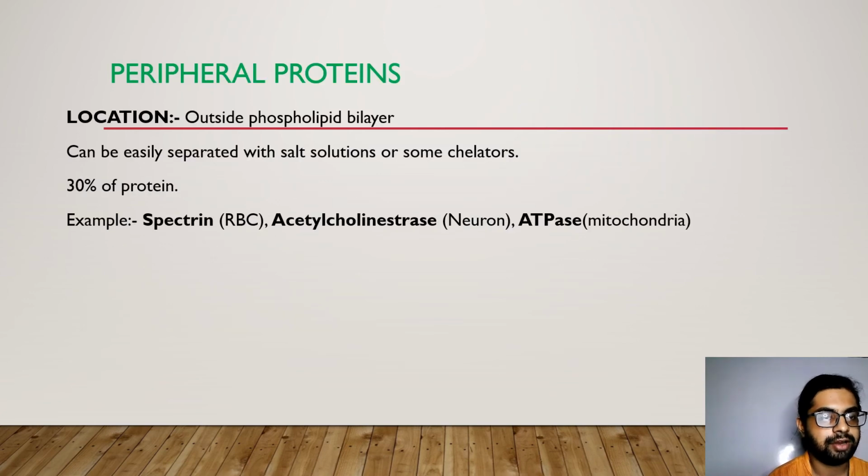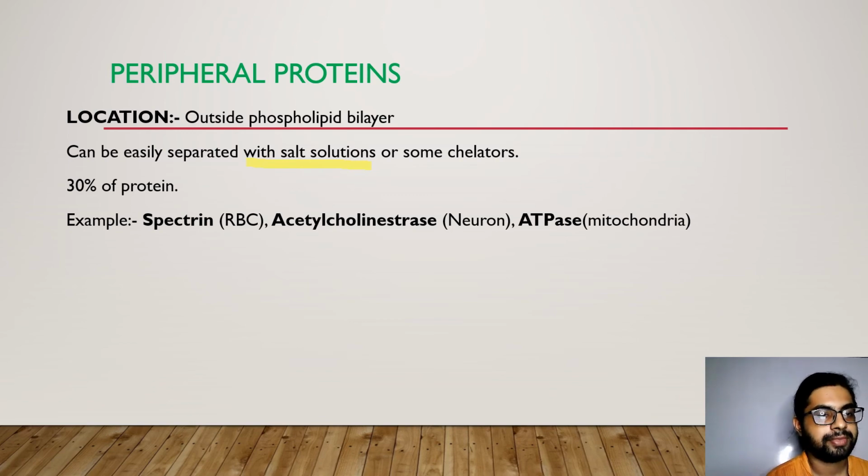Now peripheral proteins, their location is outside the phospholipid bilayer, and they can be easily separated with salt solution. This is important. Actually this is a procedure to lyse a cell. Lyse means to break apart the cell.